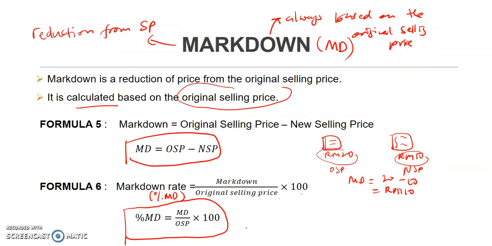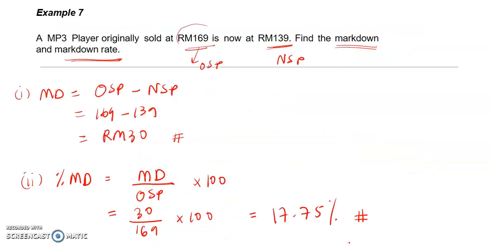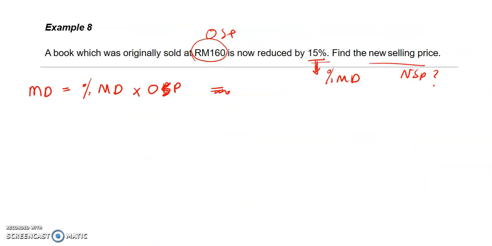From this formula, to find the amount of markdown, original selling price times the percentage. So for this one, the percentage is 15%, 0.15, multiplied by 160. So the markdown amount is 24 ringgit.